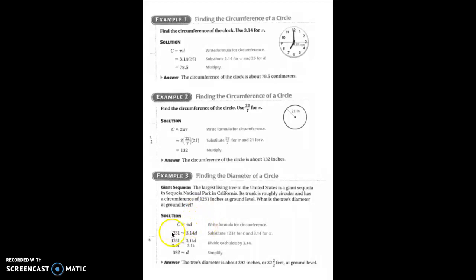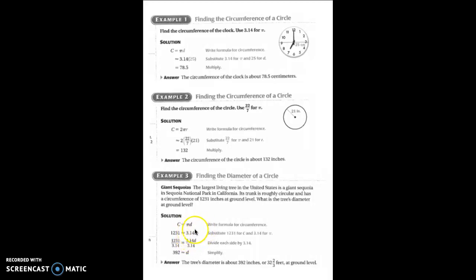So what do you have? You have the circumference, which is c, 1231, equals pi times d, and you know that pi is 3.14, so 1231 equals 3.14 d.